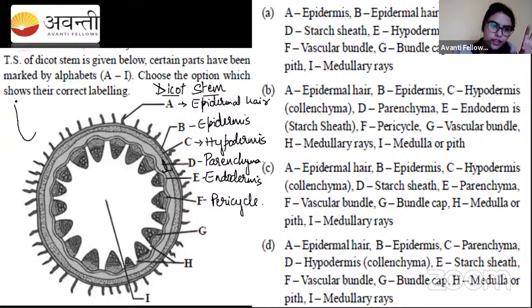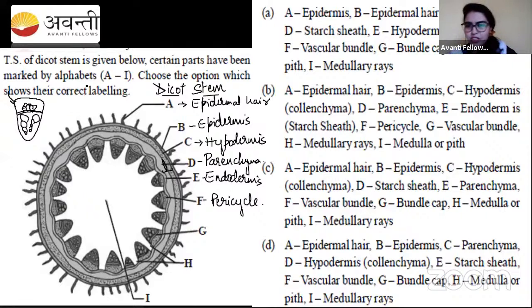If this is your vascular bundle, they have written the cambium here, and there is xylem, and here there will be phloem cells. After that they have written a patch, and this patch they called pericycle, which is actually not true, guys.